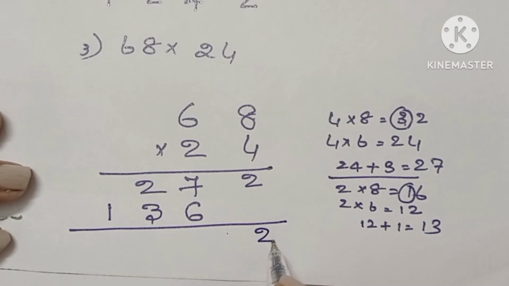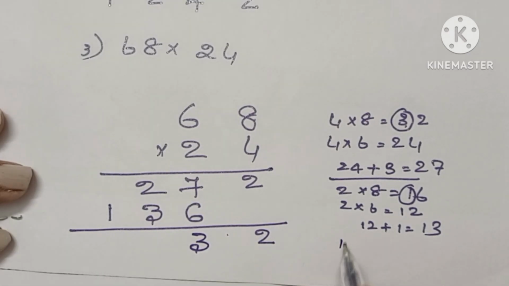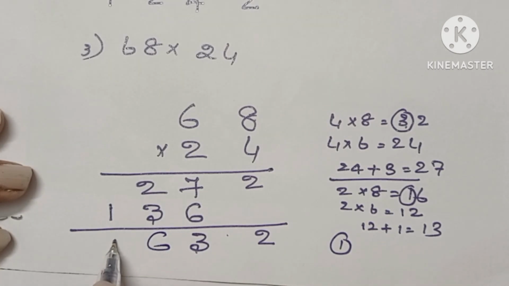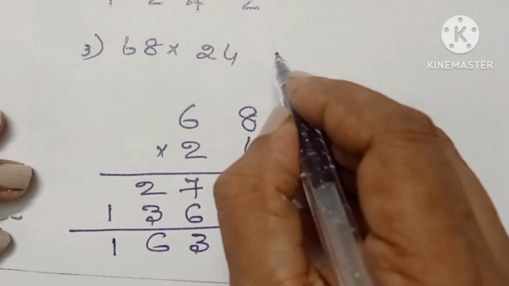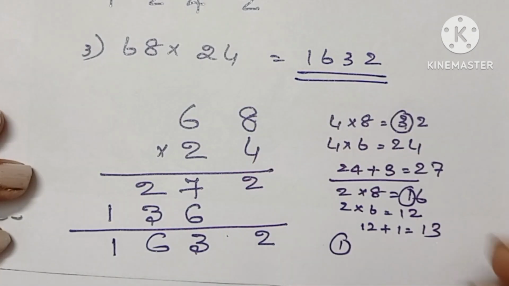Adding these two numbers, 2, 6 plus 7, 13. Carry over 1. 2 plus 3, 5. 5 plus 1, 6. 1. The answer is 1632. 1632 is the answer.